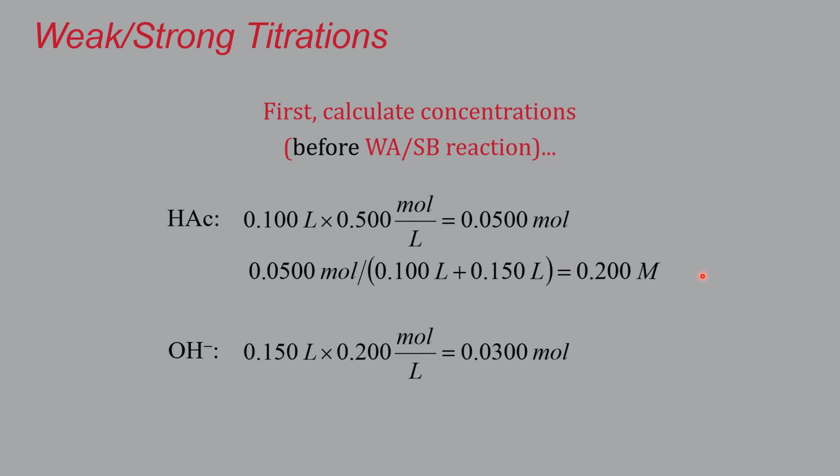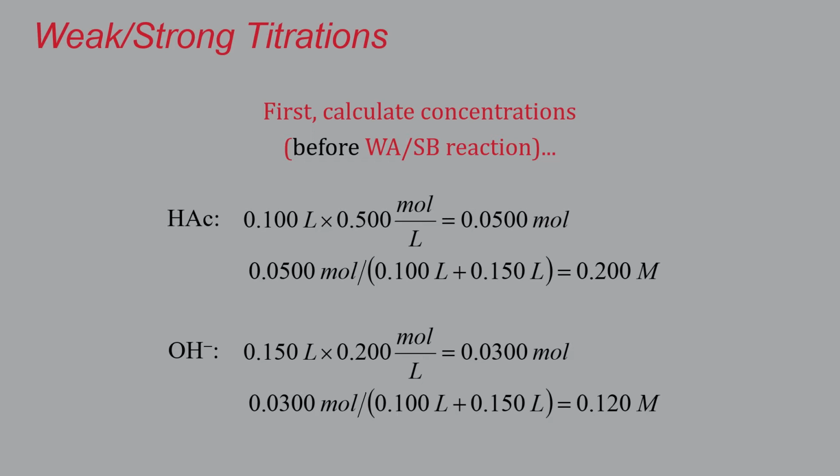Now the hydroxide. The amount of hydroxide comes from what was titrated into the acid, which at this point was 150 milliliters, 0.15 liters, at a concentration of 2 moles per liter, which means that we have 0.03 moles. The new hydroxide concentration at that point would be 0.12 molar, taking into account the dilution.